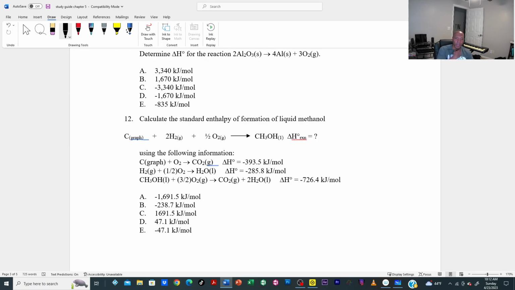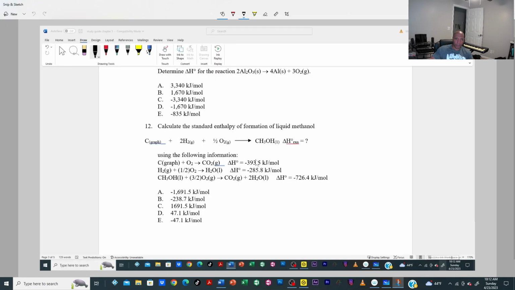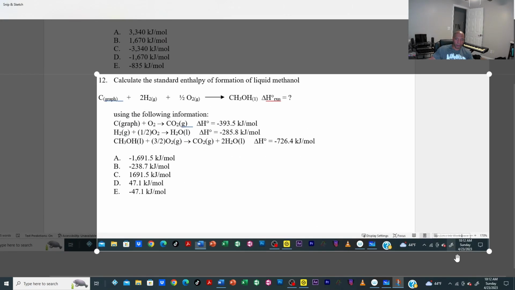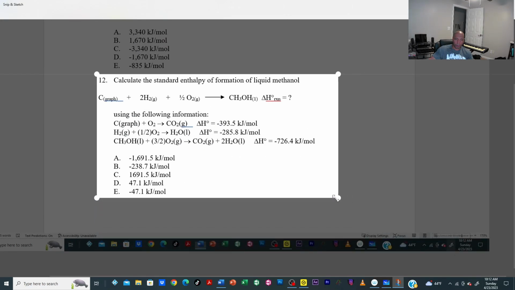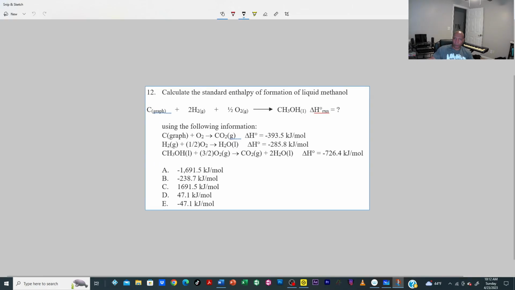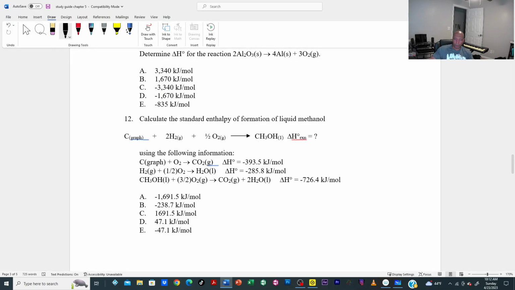So now we're going to do a full-blown Hess's law problem, at least I think. Calculate the standard enthalpy of formation of methanol. These Hess's law problems are pretty fun to work out.